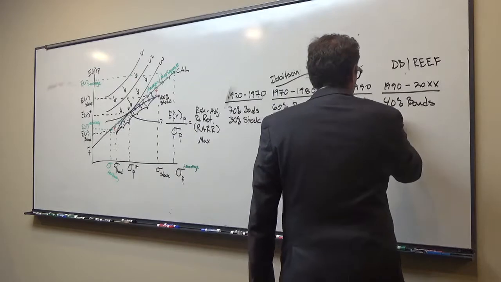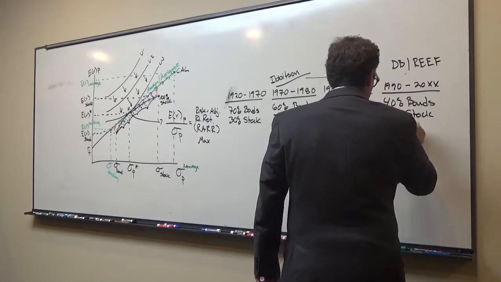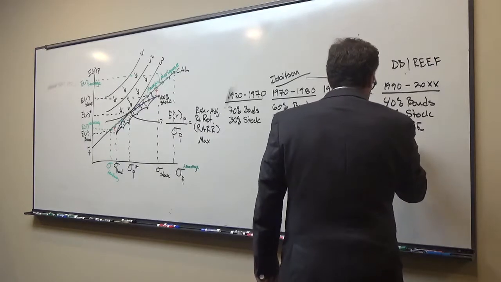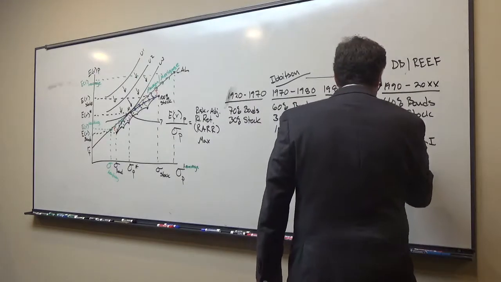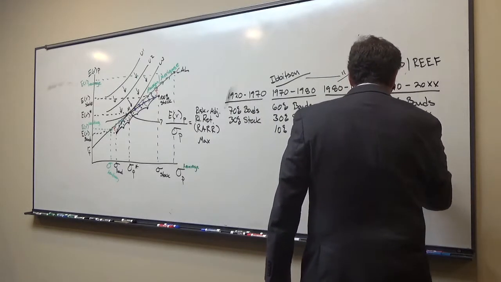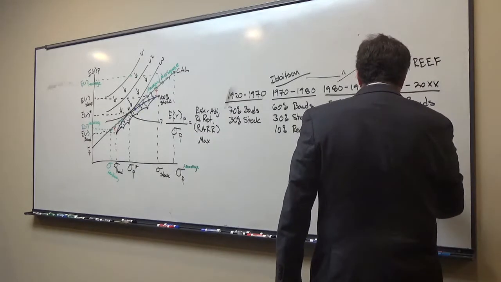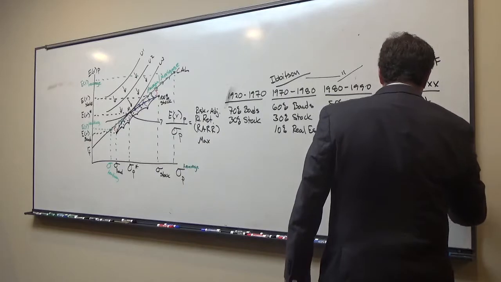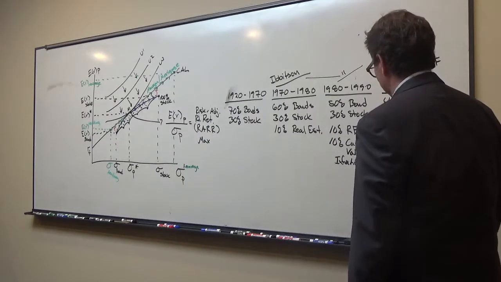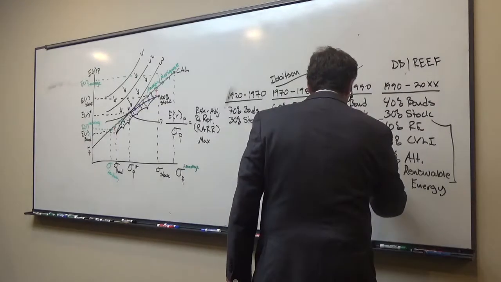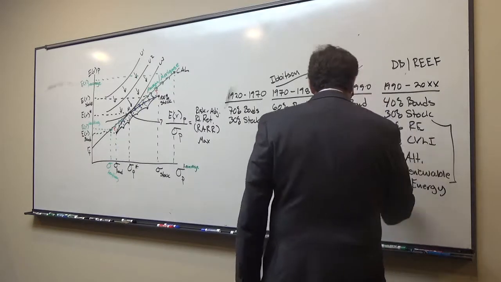We kept our 30% in stock, 10% in real estate, 10% in cash value life insurance, and we added in alternative renewable energy. So these asset classes right here are called alternatives, or alternative assets.